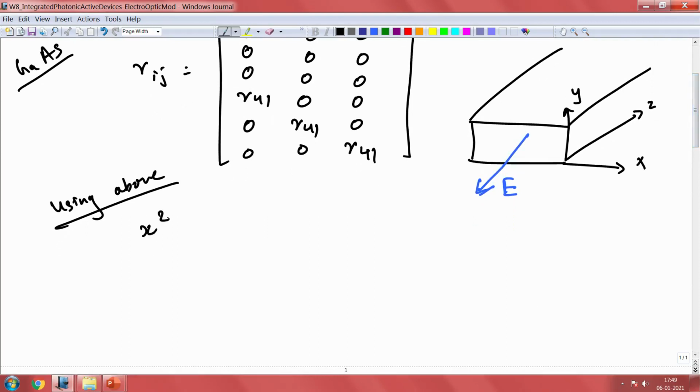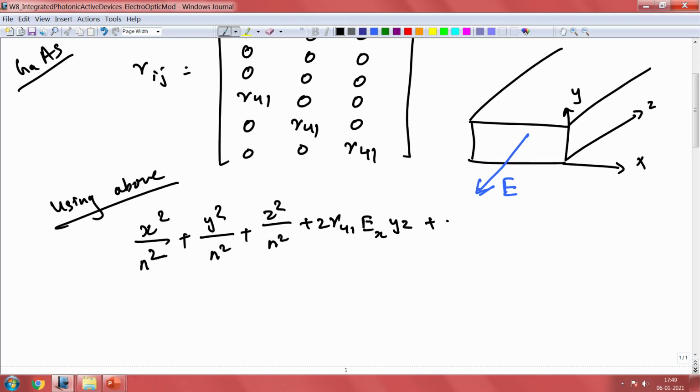So, x squared over n squared plus y squared over n squared plus z squared over n squared plus 2 R41 E of x yz plus 2 R41 E of y xz plus 2 R41 E of z xy, which is equal to 1.